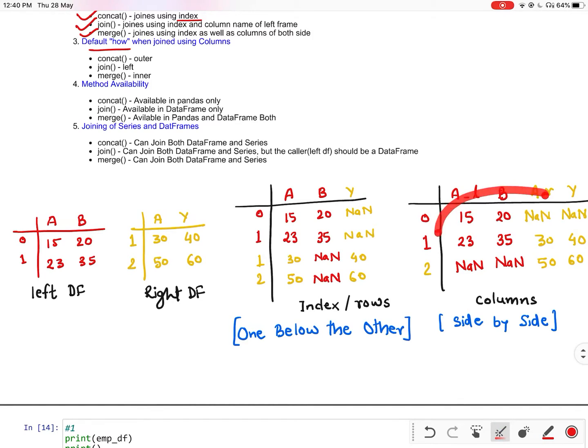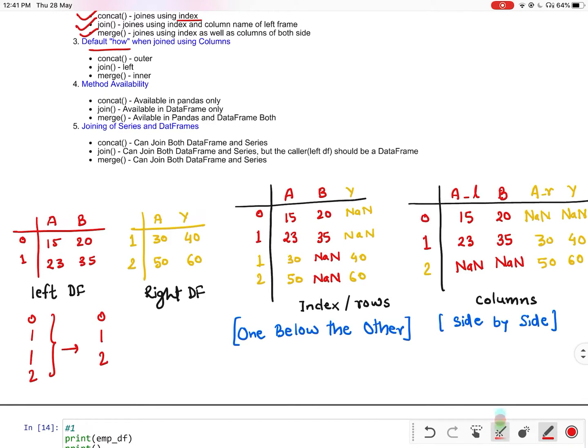You can see this output, and also you can see it is having indexes 0, 1 and 2. That means if I tell you the left data frame is having 0 and 1 indexes and the right data frame is having 1 and 2 indexes, then what are the unique indexes out of these four indexes? It is 0, 1 and 2.